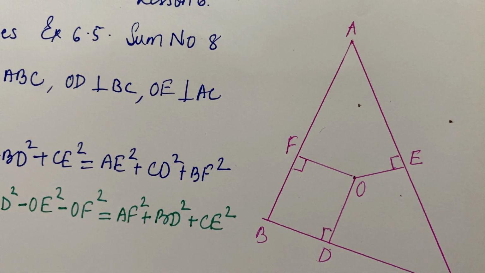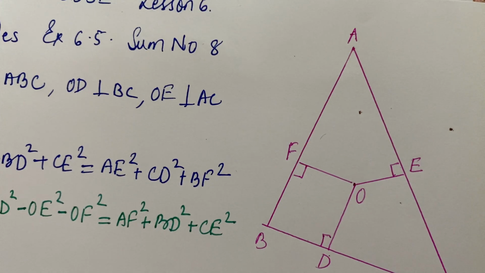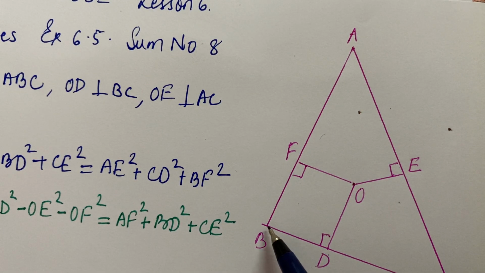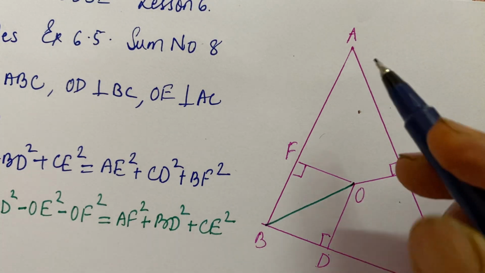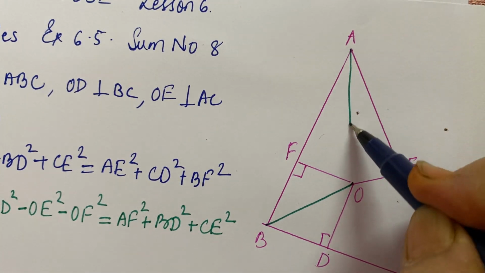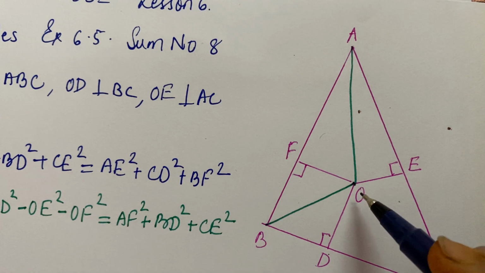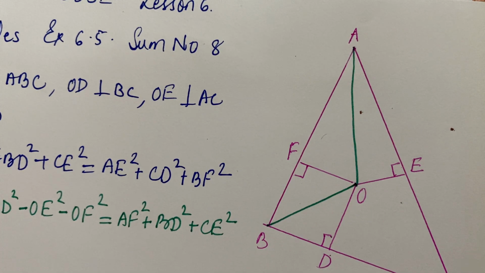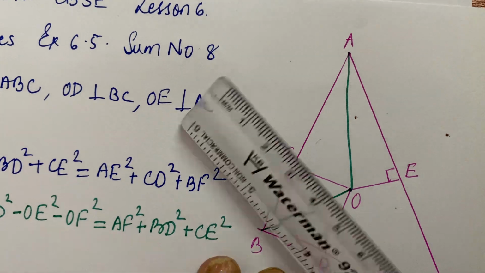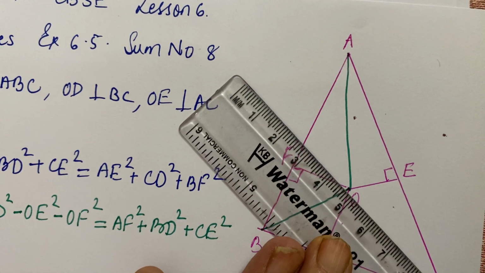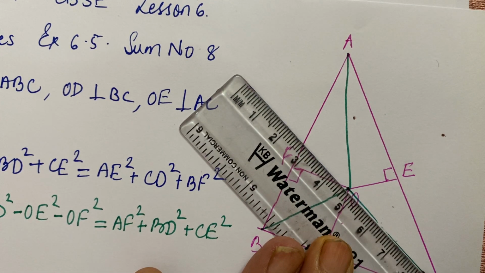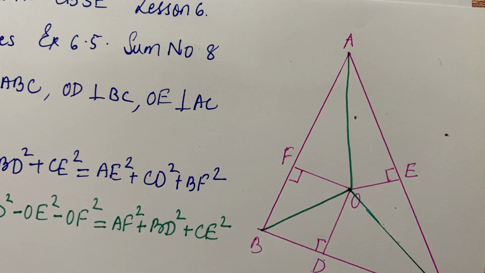Okay, so to prove this, first of all we'll have to join OB, AO and OC. Now we have right triangles.